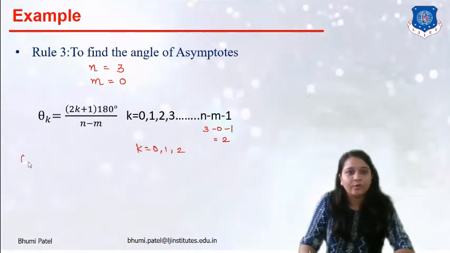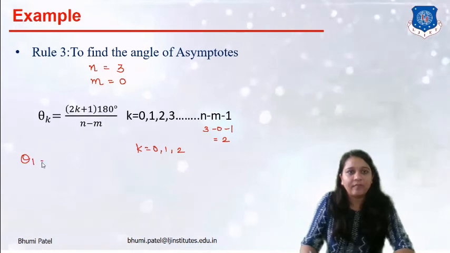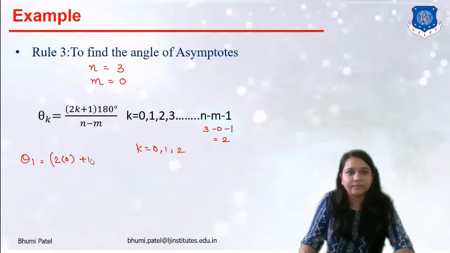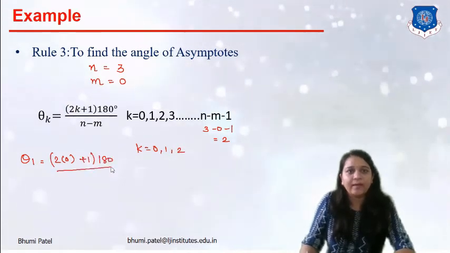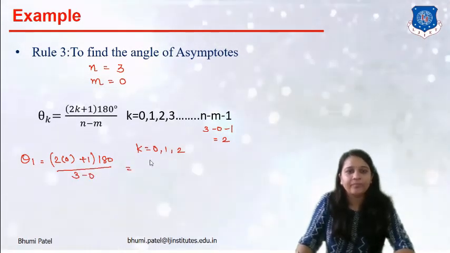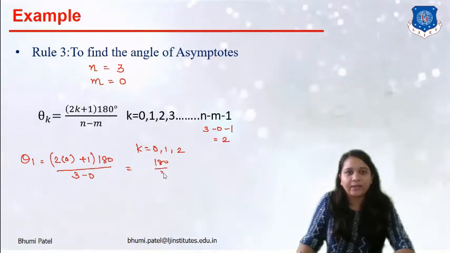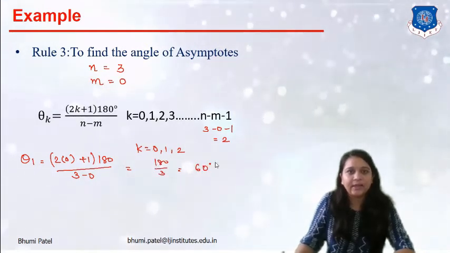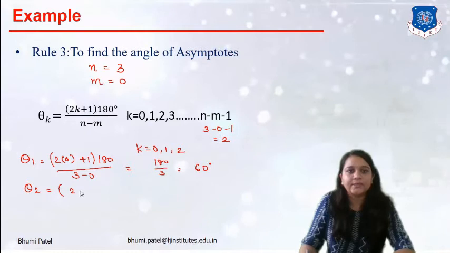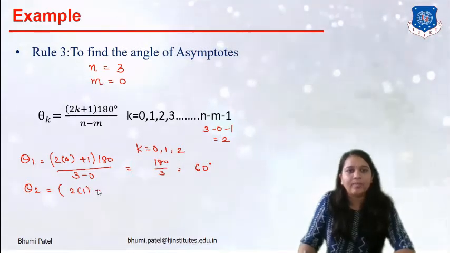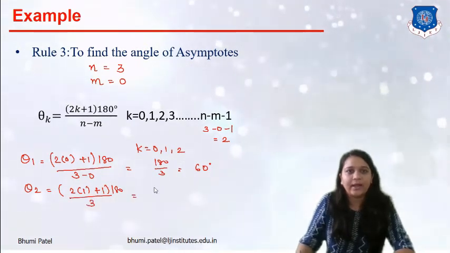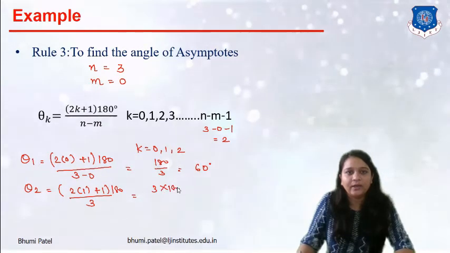First, to find theta 1, put k equal to 0: (2 into 0 plus 1) into 180 divided by (n minus m), that means 3 minus 0, so 180 divided by 3, and the angle is 60 degrees. Now the second angle theta 2, put k equal to 1: (2 into 1 plus 1) into 180 divided by 3, so 3 into 180 divided by 3.